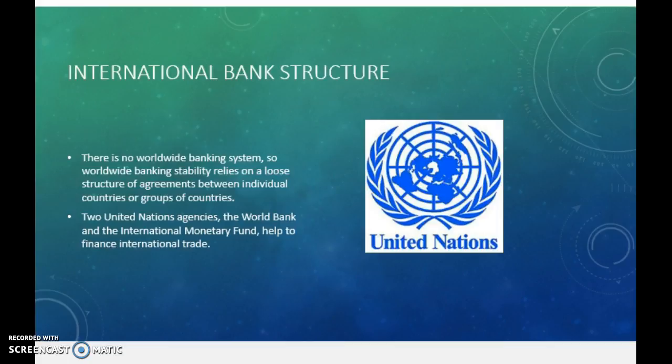Since there is no worldwide banking system, worldwide banking stability relies on a loose structure of agreements between individual countries or groups of countries. There are two United Nations agencies that help to finance international trade, the World Bank and the International Monetary Fund.